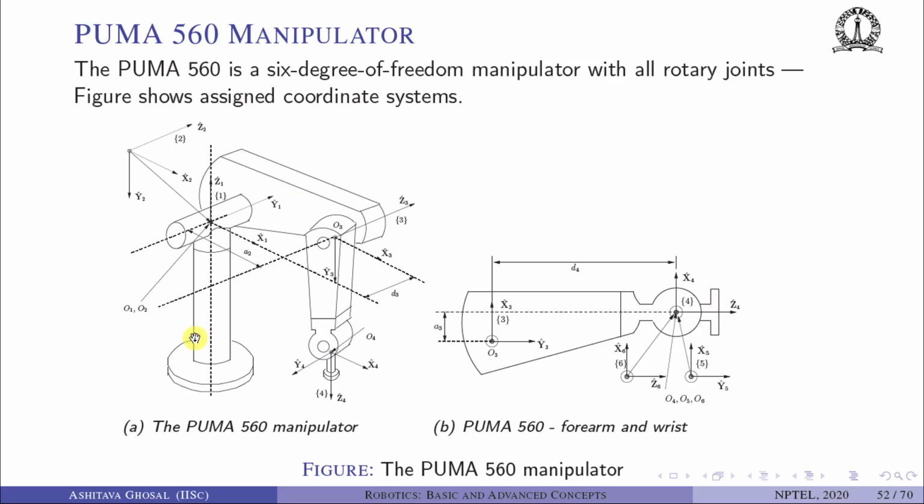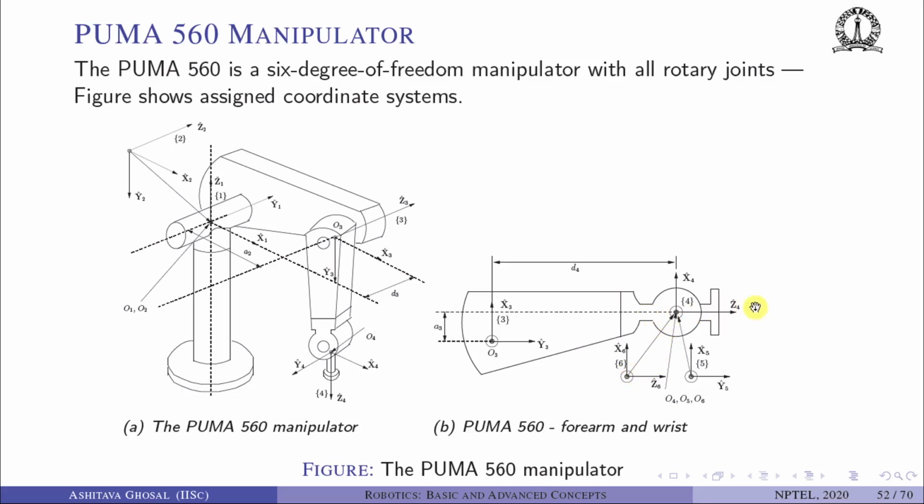In this picture, you can see there is 1 degree of freedom here, if you follow my cursor. The second joint is here, along this direction, which is perpendicular to the first joint. The third joint is here, which is parallel to the second joint, and the fourth, fifth, and sixth joints are intersecting at one place.